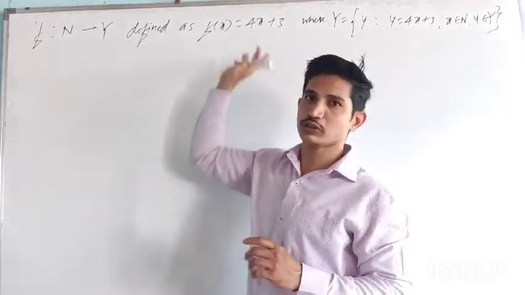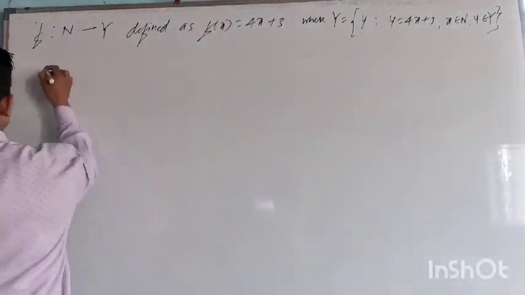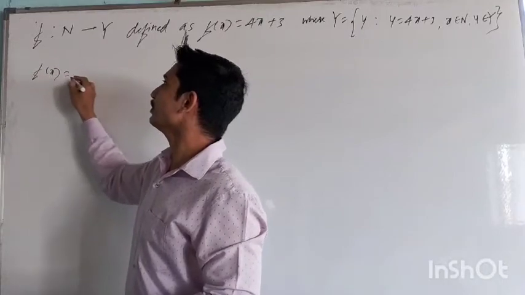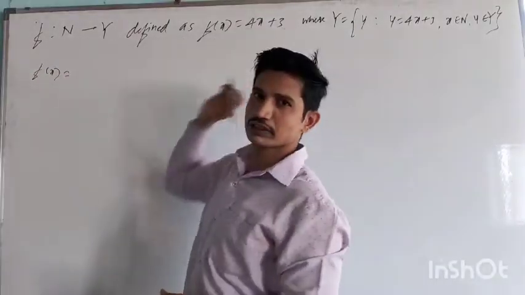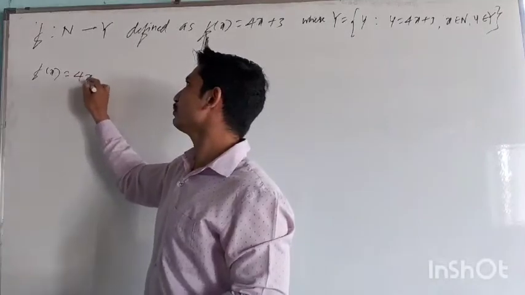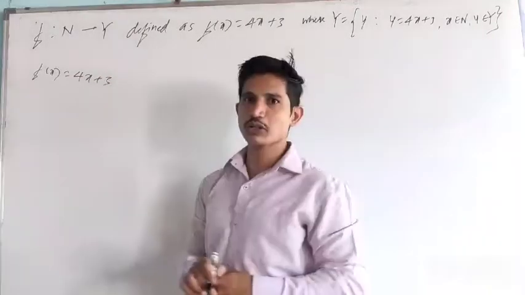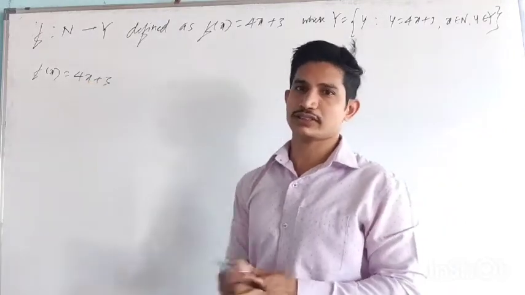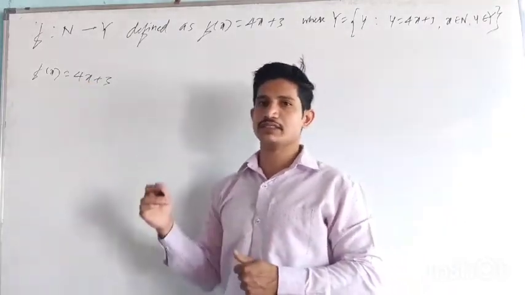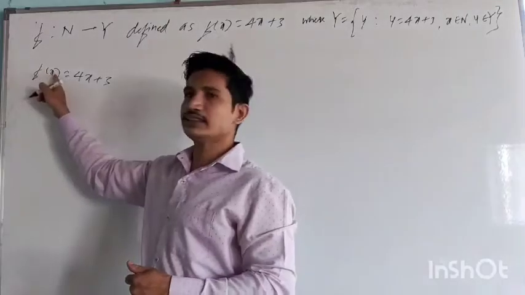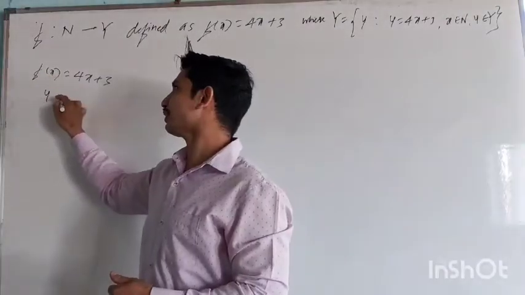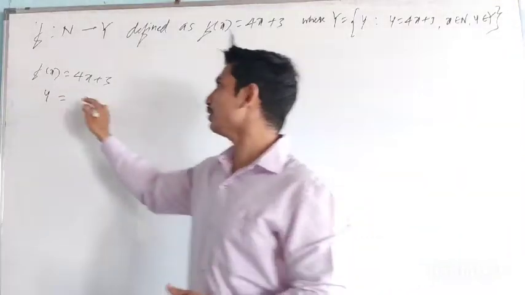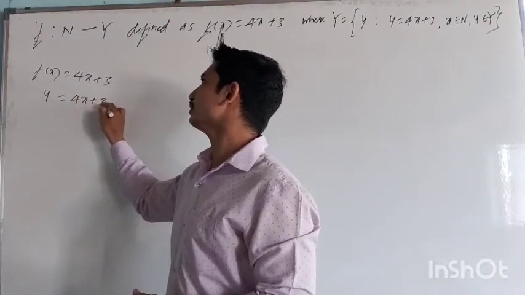F of x is given, so write f of x first as is: f of x is equal to 4x plus 3. Now in this function we want to find the value of x. Where f of x is there, write y. So y is equal to 4x plus 3.